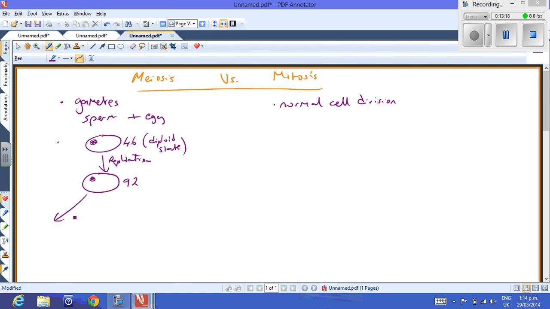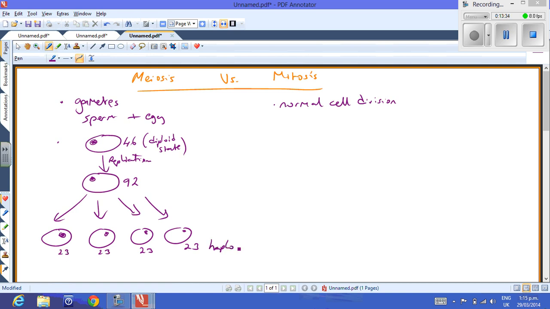And then that will further divide into 4 daughter cells, and these 4 daughter cells will have 23 chromosomes in each of those, and this is the haploid state. So the gametes here, this could be 4 sperm cells or 4 egg cells if it was in the ovaries of a female. So meiosis, from one parent cell, you end up with 4.